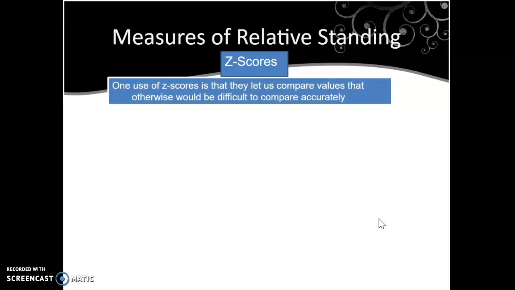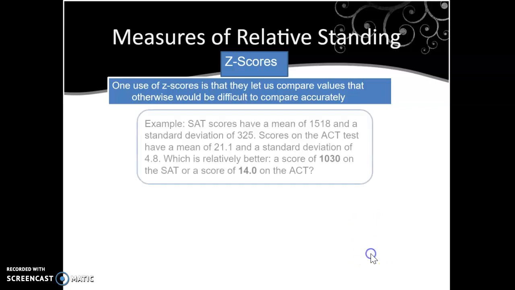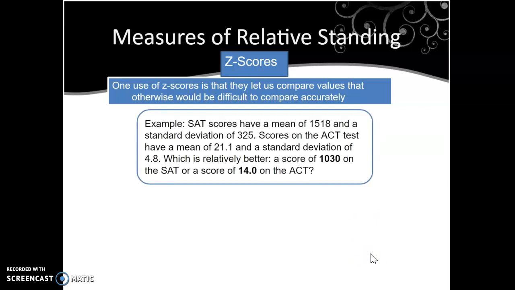One use of z-scores is that they let us compare values that otherwise would be difficult to compare accurately. So going back to that example of an SAT score compared to an ACT score, if we know the mean and the standard deviation of the SAT, and the mean and the standard deviation of the ACT, we can compare a student's score on the SAT of 1030 with his or her score on the ACT of 14.0.